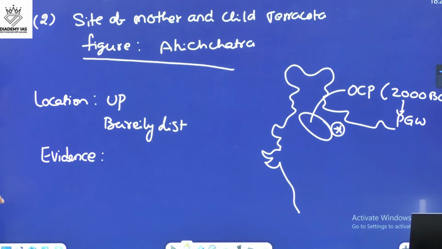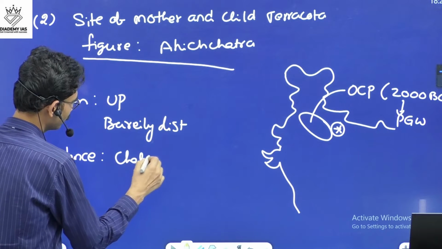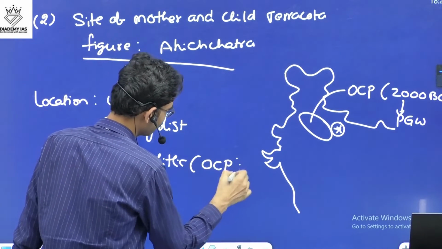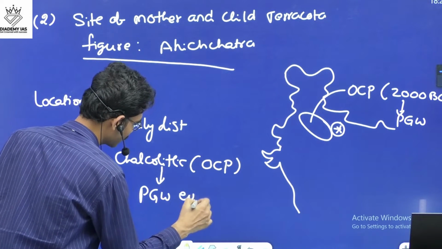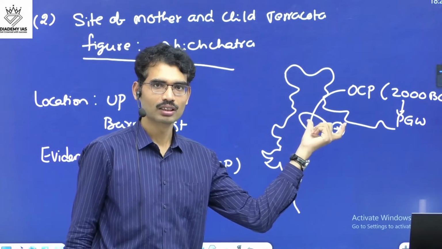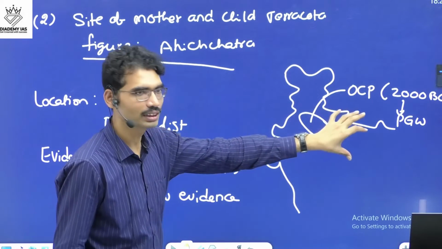Then when it comes to here, it is a Chalcolithic site. Initially, that is OCP, and after OCP, PGW evidence. PGW evidence means Vedic people also settled in this location.